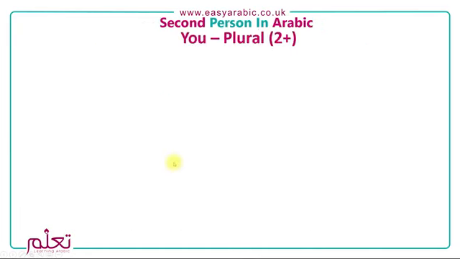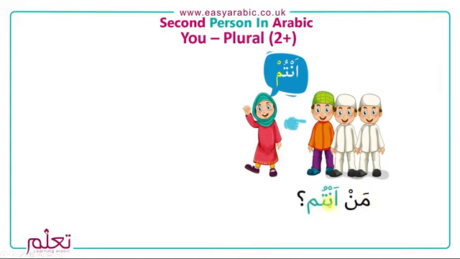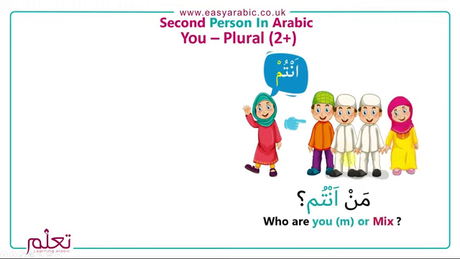And then we have plural, when you talk to more than two people. If she asks three people, we shall say antum. So the same question here: man antum, who are you? This is for two plus people, whether they are male or mixed.